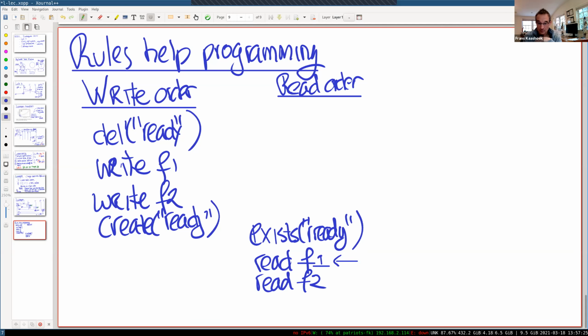So we know that this exists must have seen the zxid corresponding to that create. And so that means that this read must see the last write that was performed in the total order that preceded that particular create. And the last write in that order before that is this particular write, right? Because all the writes are linearizable. And so it must be the case that this read of F1 observes the result of the write of F1.